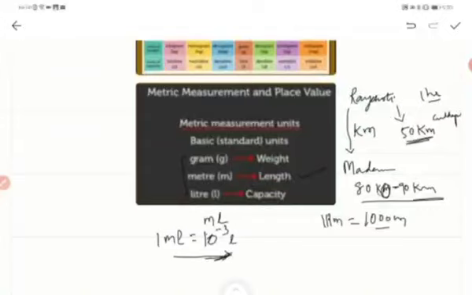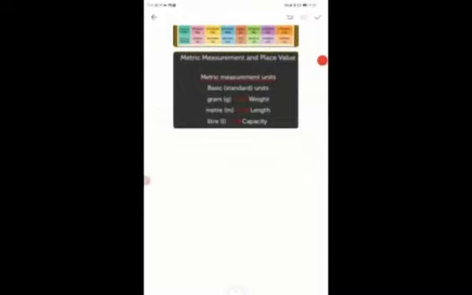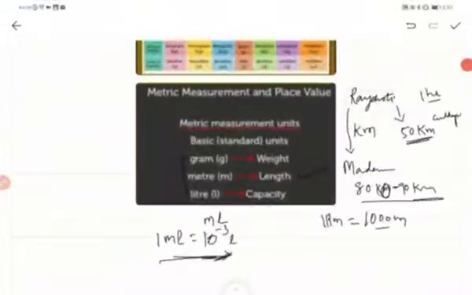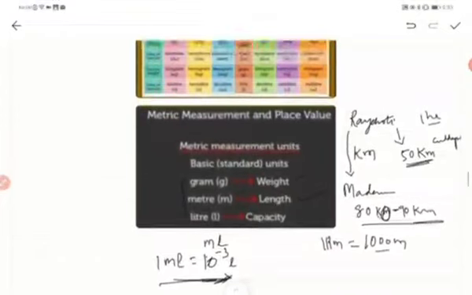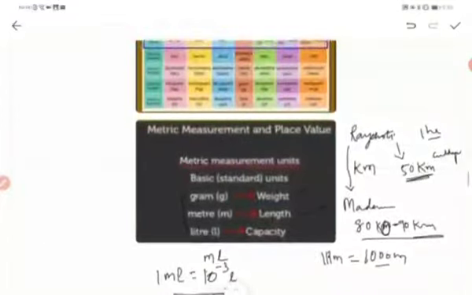Let's see clearly how exactly the weights are given. In weight also you have heard about grams, milligrams, or kg, that is kilogram, isn't it? 1 kg of tomato, or 1 ton of rice, right?